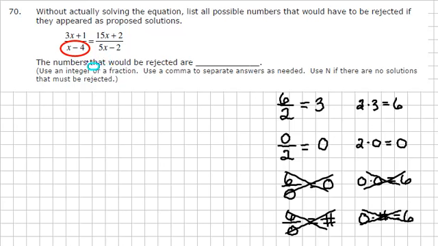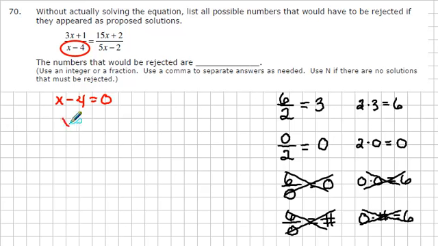We need to make sure that x minus 4 does not equal 0. You can probably think of the value of x that would cause division by 0 just by inspection. What number minus 4 is equal to 0? If you have trouble thinking of it, just set the denominator x minus 4 equal to 0 and then solve.